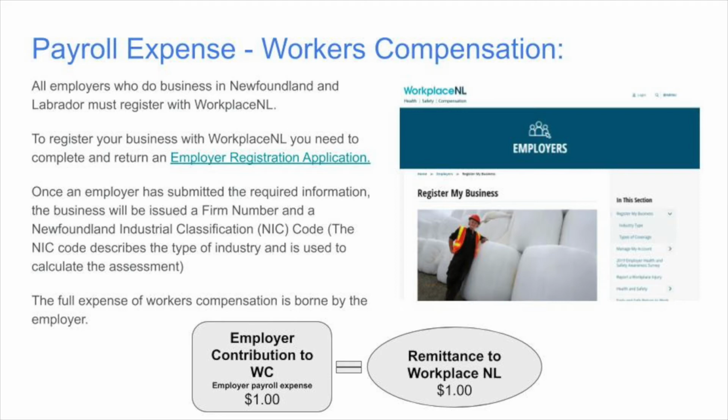So there is a calculation based on how much pay you're paying, and you will pay that amount to Workers' Health and Safety, Workers' Compensation, Workplace NL, whatever you want to call it, the Workers' Compensation Commission. You will be responsible for paying that. So that's another remittance that you'd have to make.